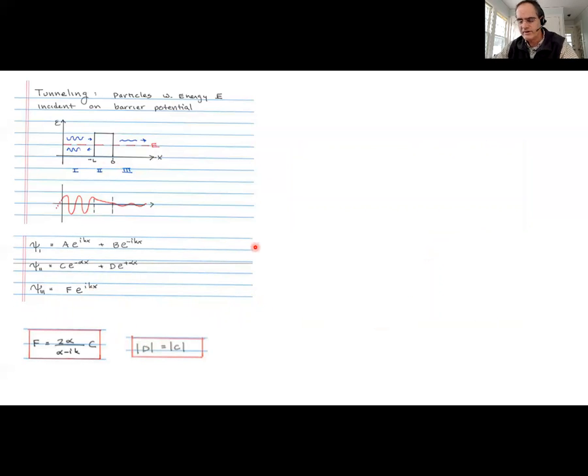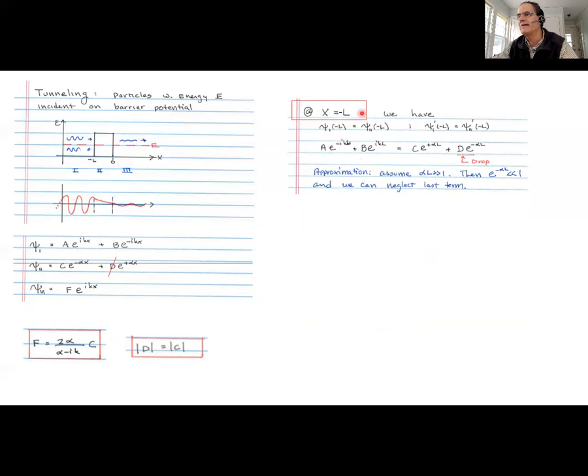And now let's take a look at the other boundary condition, the one at x equals minus L. Once again, at x equals minus L, we must have the wave function in region 1 be equal to the wave function in region 2 at this point, and their first derivatives also have to be continuous. Looking at the first expression, we get this.